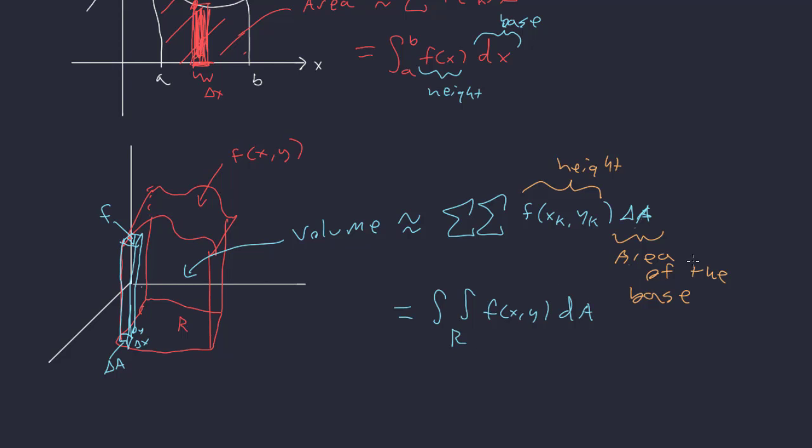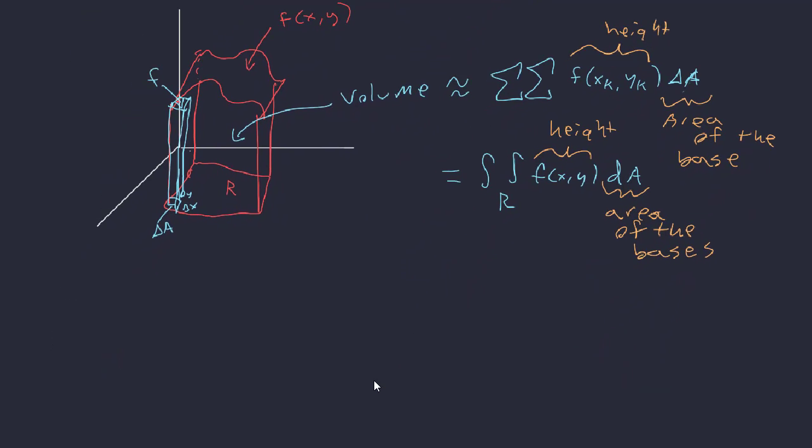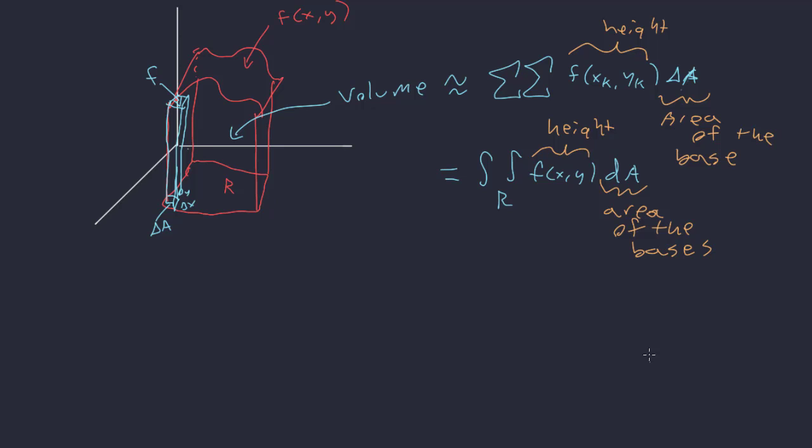That's delta A. Okay, so once again, the heights come from f, and the area of the bases come from dA. Okay, so then the question is, well, how do we take this further, right? There's not much that it seems like that we could do. And so let's talk about that.